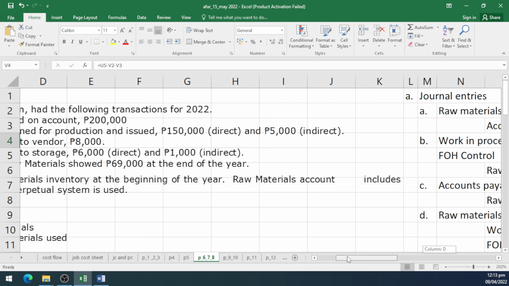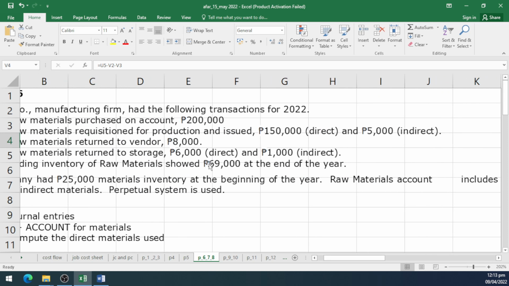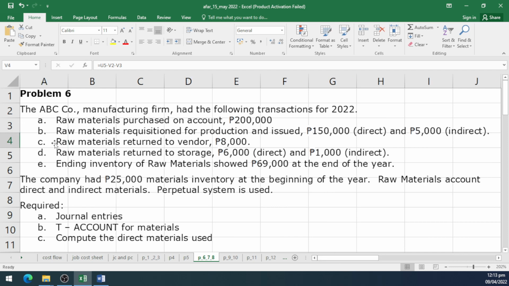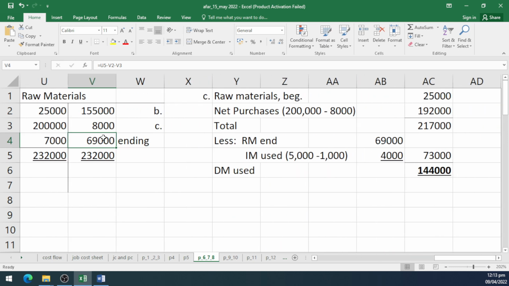And that is already given, ladies and gentlemen. We are just trying to prove the information in letter E saying ending inventory of raw materials showed 69,000 at the end of the year. And so, that's it. Ito po yung na-determine natin na ending.